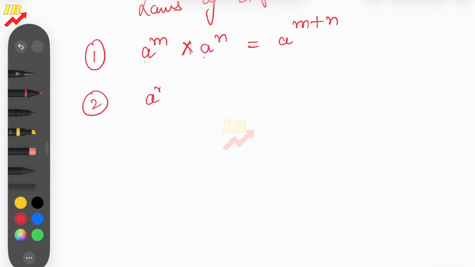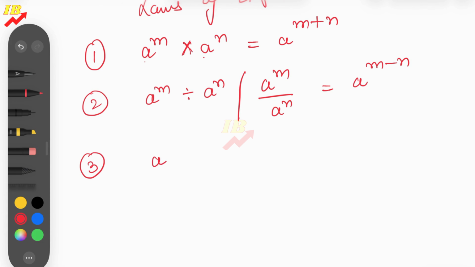Similar is for the division one. When you have something like this, then you are going to subtract the powers, right? Third one, when you have a to the power m, whole to the power n, that will give you a to the power m times n. When two brackets are given for the same base, then you multiply those powers.